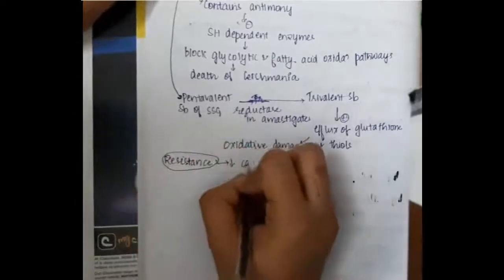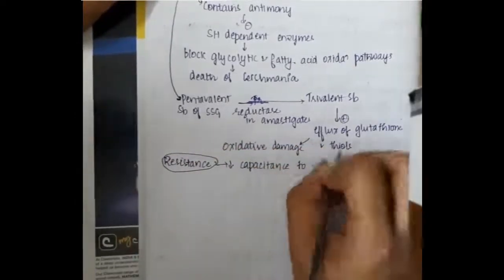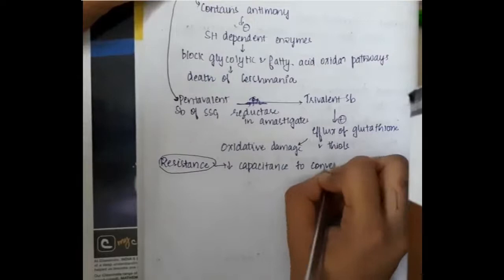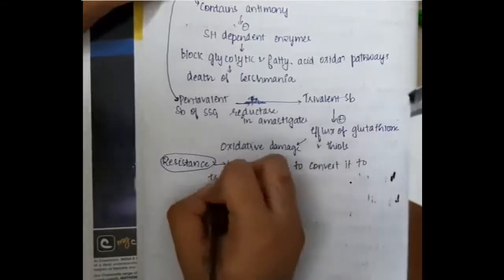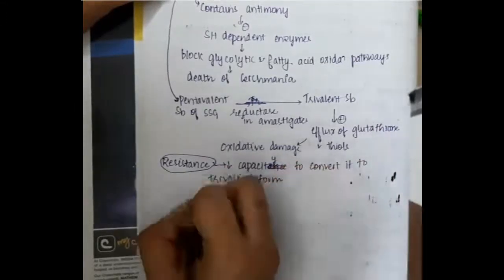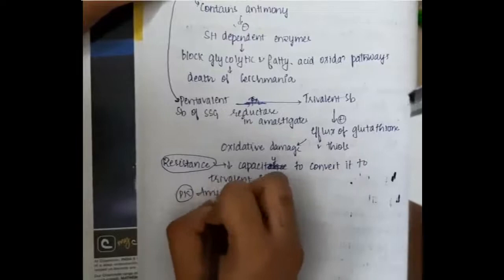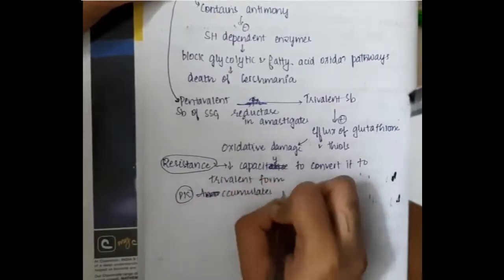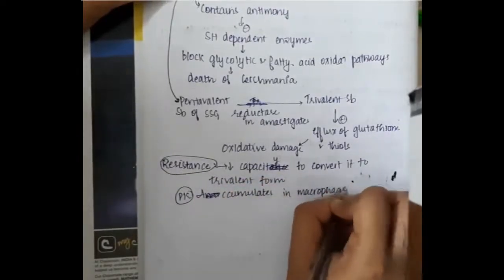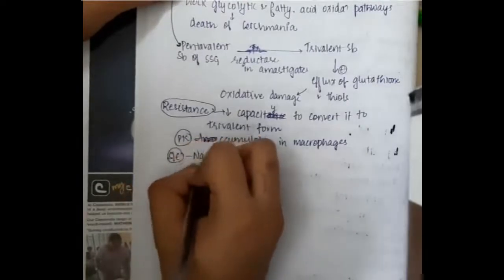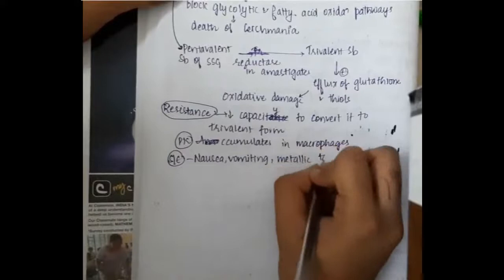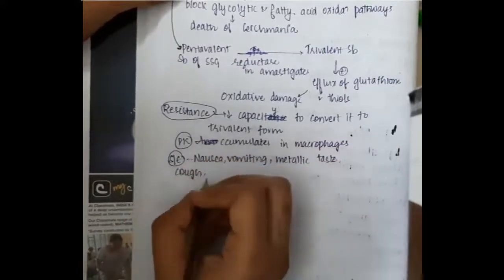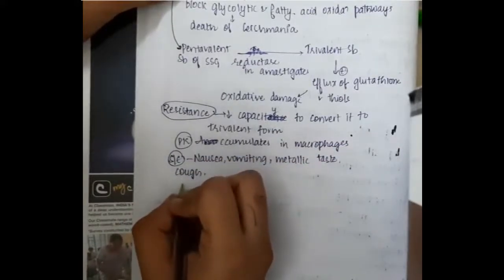Resistance to sodium stibogluconate occurs by decreasing the capacity to convert it to the trivalent form. In pharmacokinetics, these drugs get accumulated in the macrophages. The side effects are nausea, vomiting, metallic taste, cough, abdominal pain.